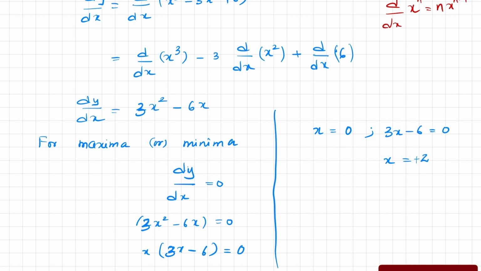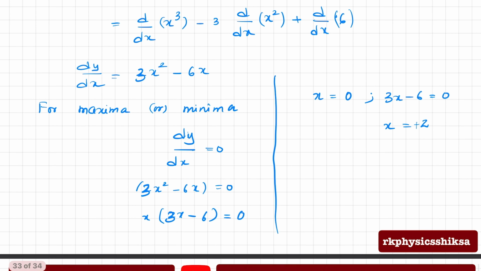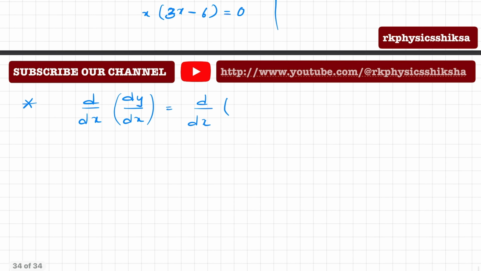So for specifying the point x is equal to 0 to be minima or maxima, we have to double differentiate the given relation here. We have already dy by dx, so what we'll do is d by dx of dy by dx. What is that equal to? We'll just differentiate it. The relation that we have now is 3x square minus 6x.